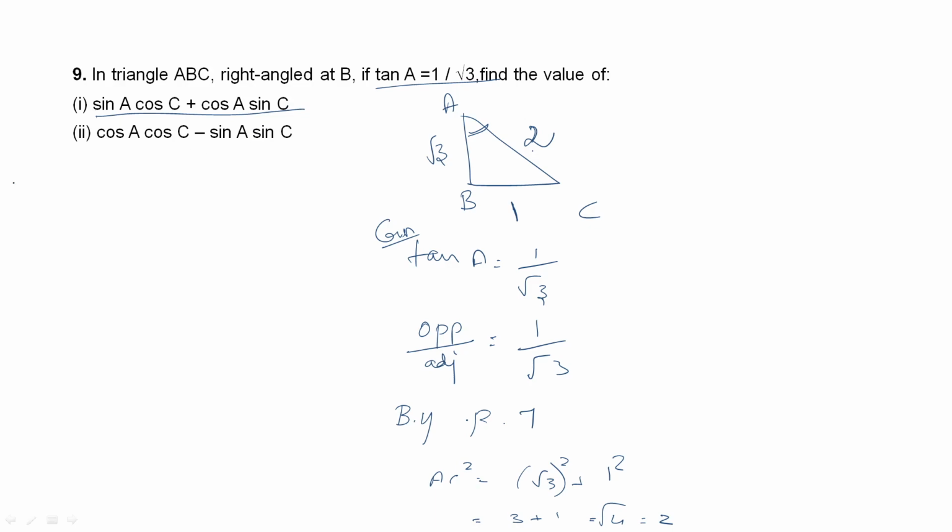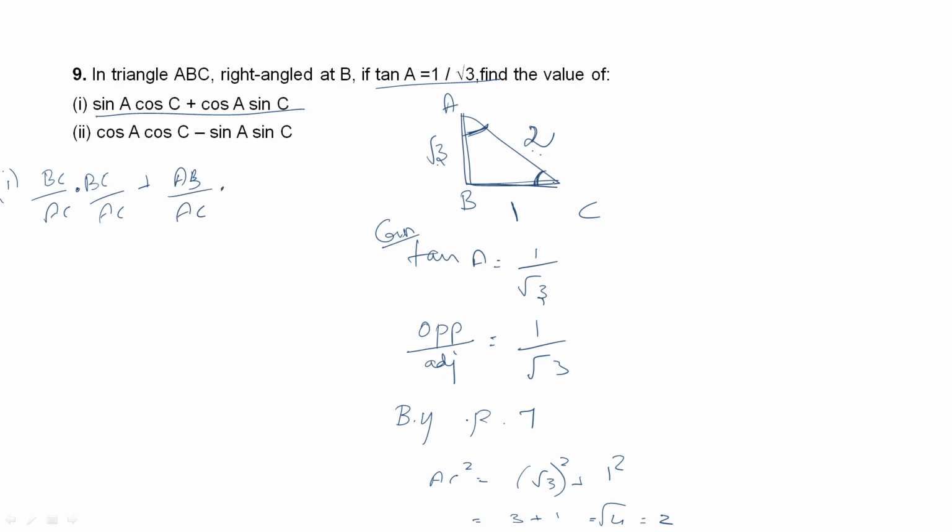What is sin A? Sin A is opposite by hypotenuse. I'll write it once, BC by AC. And cos C is adjacent by hypotenuse, BC by AC again. And then cos A is adjacent by hypotenuse, so AB by AC.